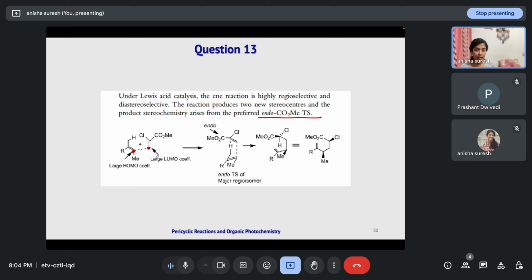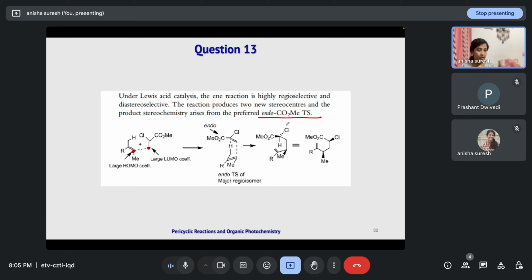Now to determine the stereochemistry, we have to draw the endo transition state where the CO2Me will be coming towards this ene component. If we draw the endo transition state and then draw the product, the stereochemistry will come in this fashion.